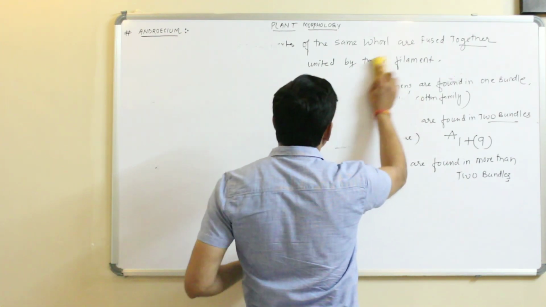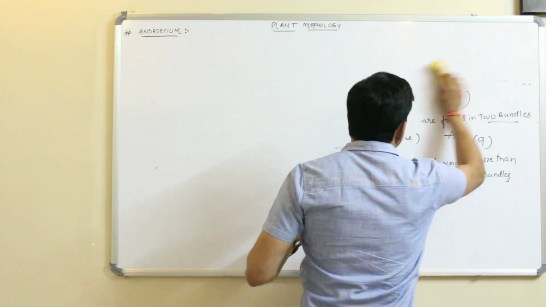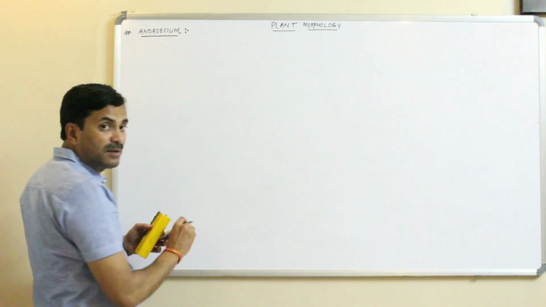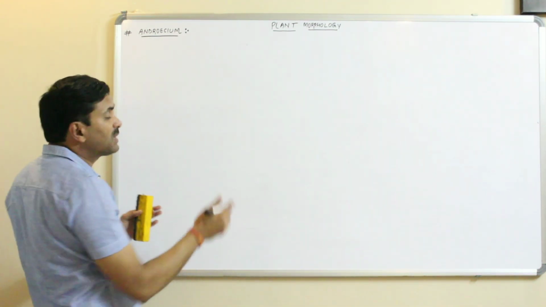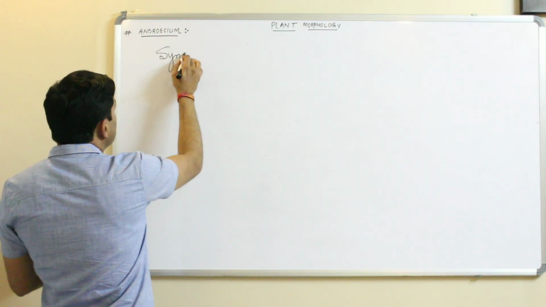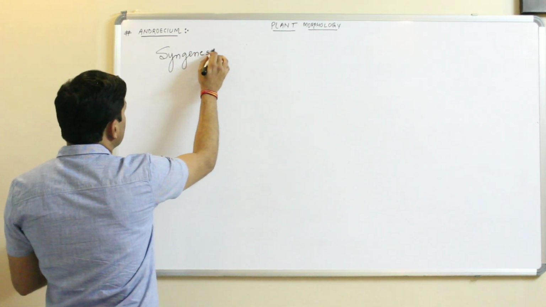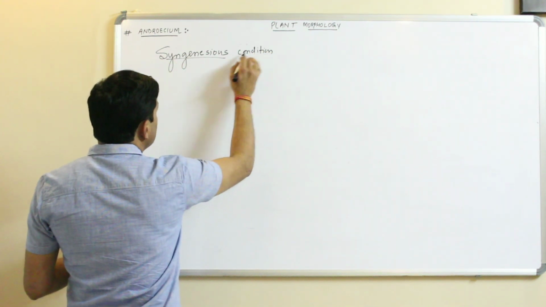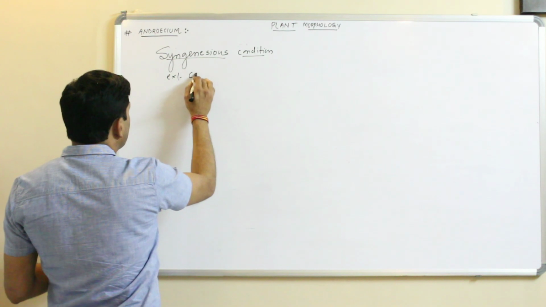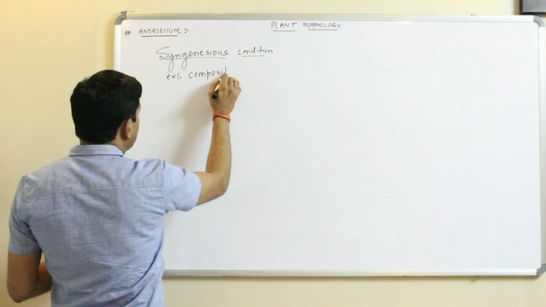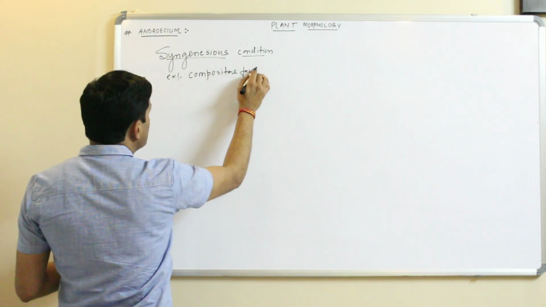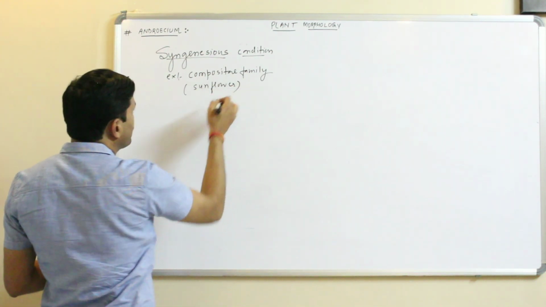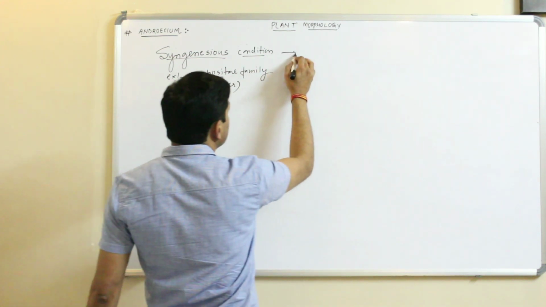Now there is a condition known as the syngenesious condition. It is also associated with the stamens. This syngenesious condition is found in the Compositae family, which means the sunflower family.